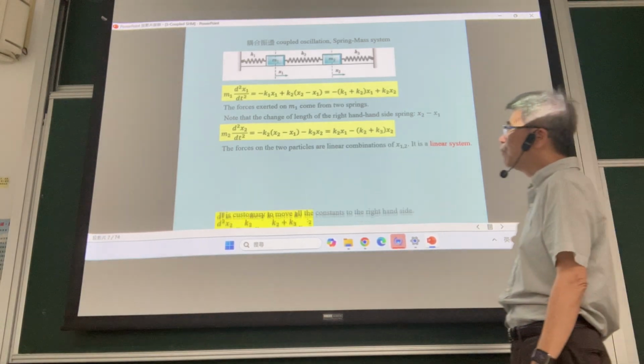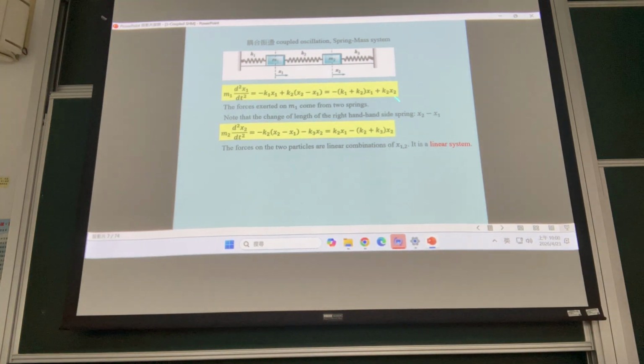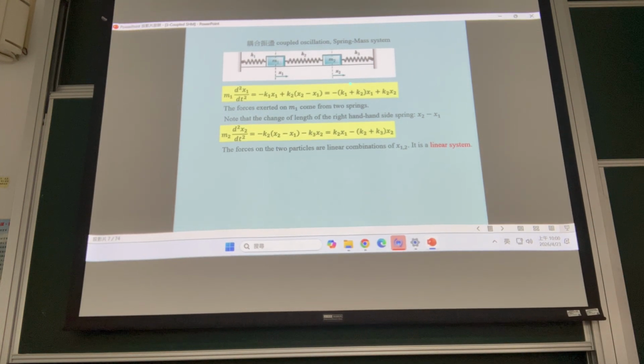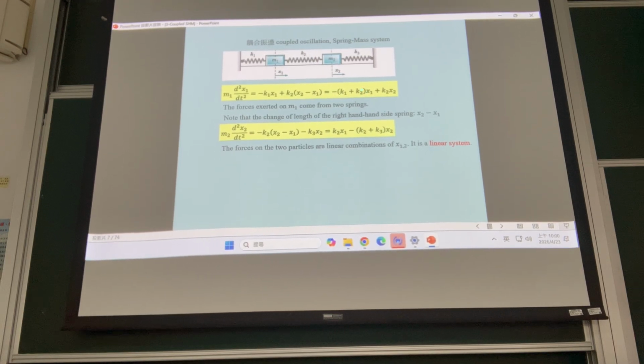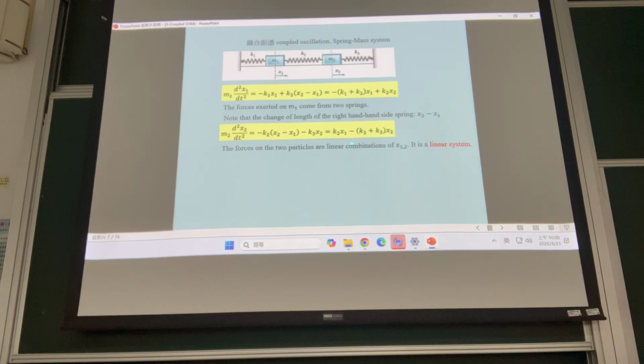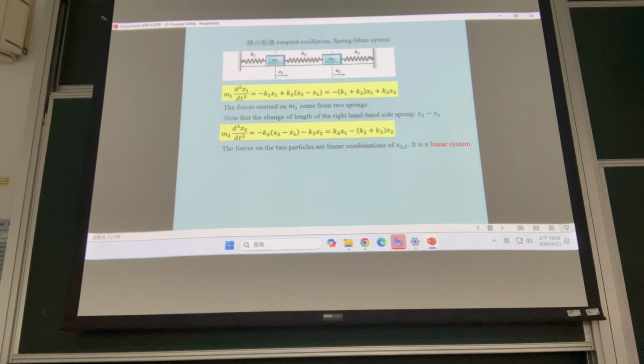On the right-hand side, the forces exerted on M1 and M2 are linear in x1 and x2. We say this force is a linear combination of x1 and x2: a constant times a function plus a constant times a function.